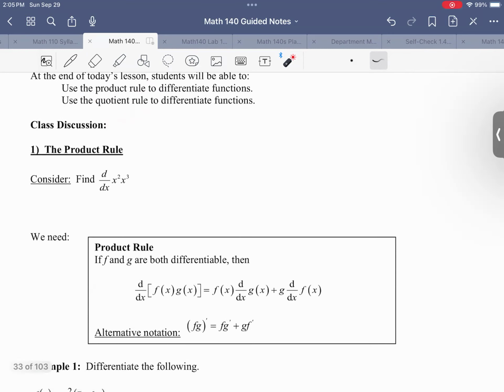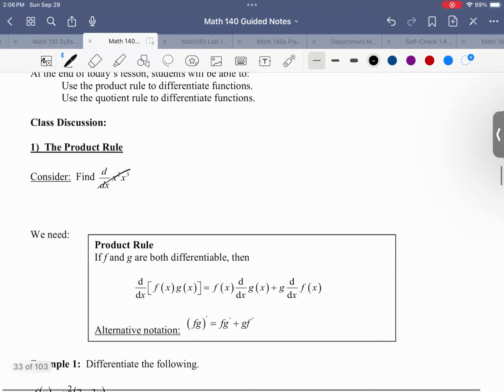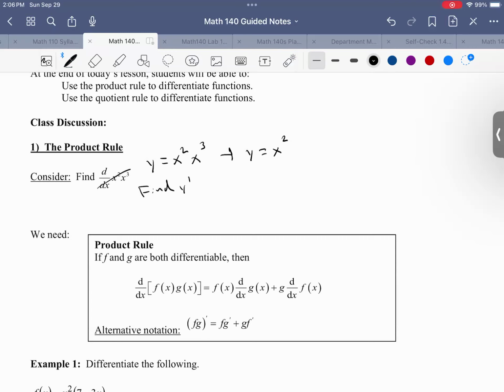The way I want to rewrite this is y equals x squared times x cubed. It wants me to find y prime, so say I want to find the derivative of that. What I would then do is combine this and add the exponents, because when you multiply, you add the exponents.